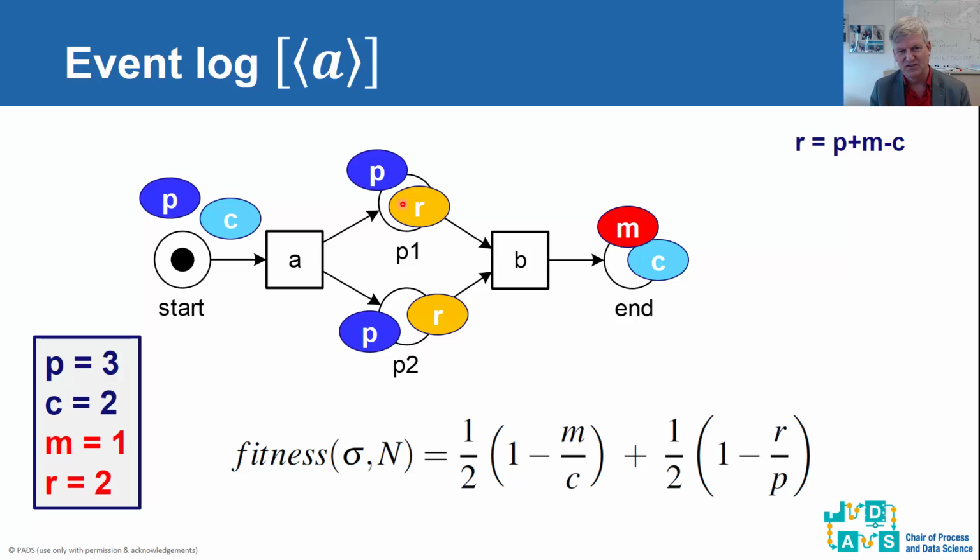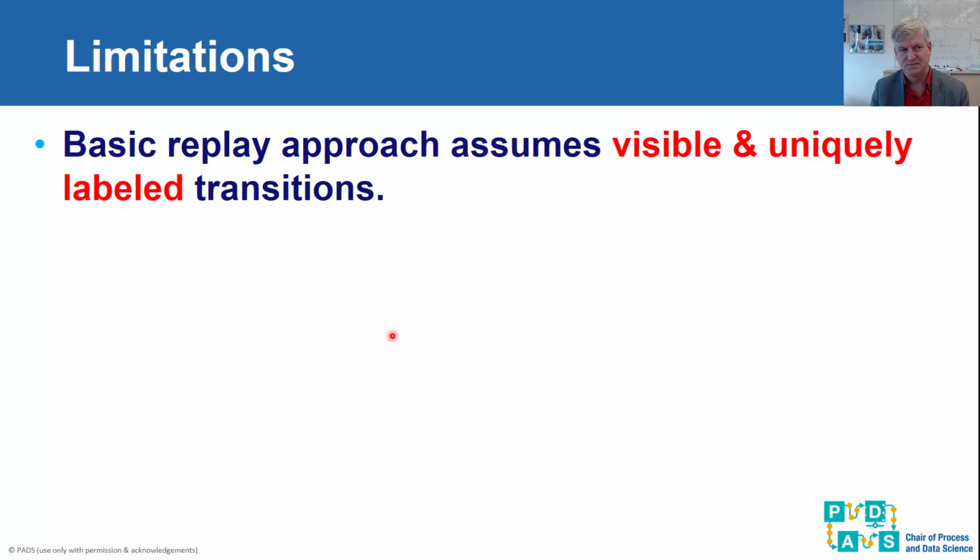But I could extend this, and instead of P1 there could be a small workflow, and instead of P2 there could be a smaller workflow, and we would still have this issue. So they don't need to be the same. As is shown here, this is the fitness value for this log consisting of just a single event.